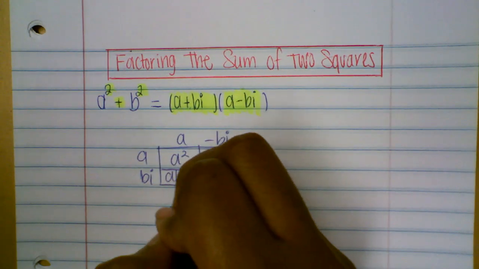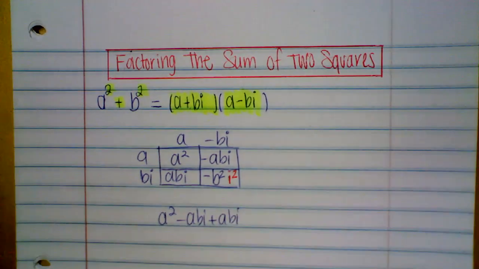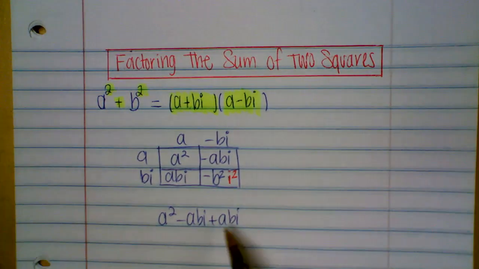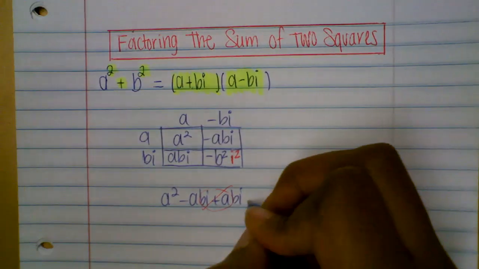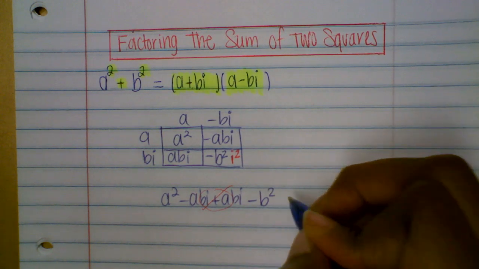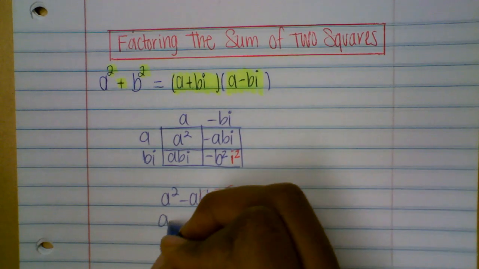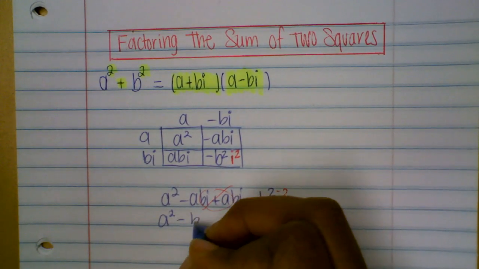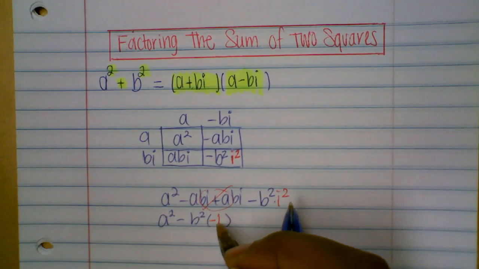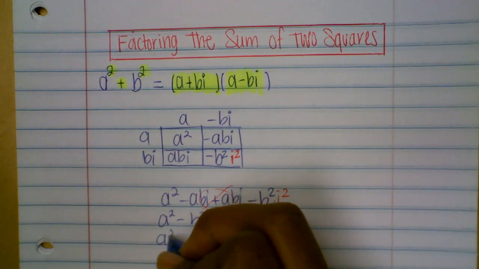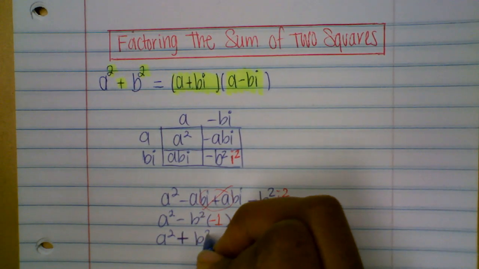So you end up with a squared minus abi plus abi. Those two terms are opposites of each other, so they add up to 0. Then minus b squared times i squared. I'm going to replace the i squared with negative 1, and a negative times a negative is a positive, so you end up with a squared plus b squared.